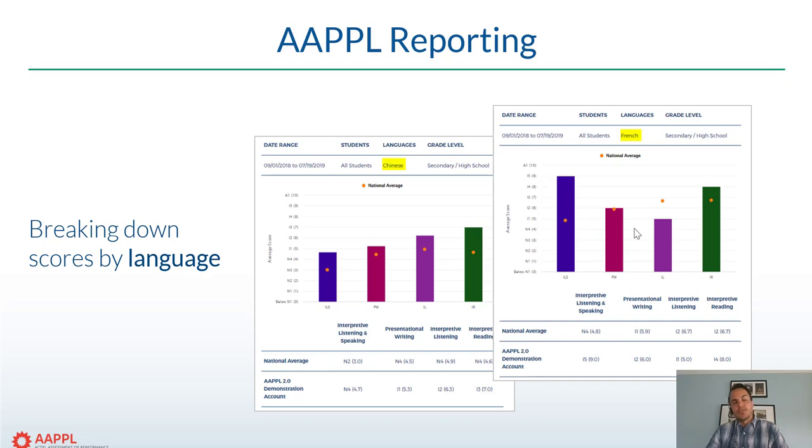Interestingly enough, though, if you look 2 bars over, the interpretive listening skills are lagging behind a little bit. So what do we do here? Perhaps we take a look at authentic, semi-authentic audio that students are listening to, some other resources that will have students hearing different people speaking in the target language, perhaps different dialects, so we can really train our students' ears and make sure that their interpretive listening skills catch up with those other skills that they're clearly gaining thanks to our program.